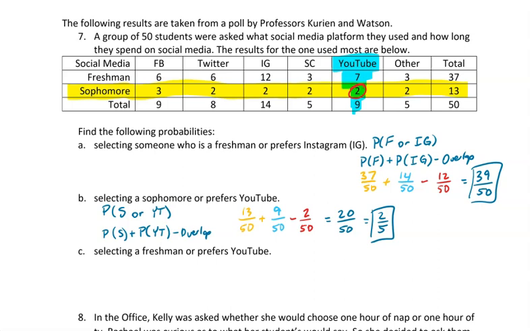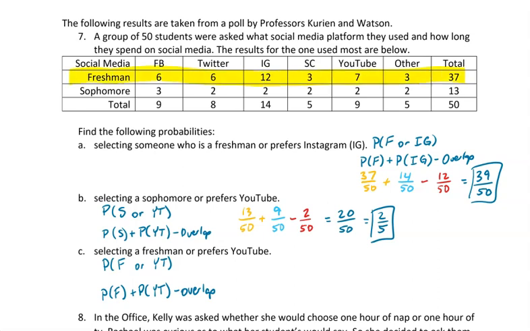All right, selecting a freshman or prefers YouTube. So probability that they are a freshman or prefers YouTube. It's going to be the probability that they're a freshman plus the probability that they prefer YouTube minus any overlap. Okay, so probability that they're a freshman, it's going to be 37 out of 50.